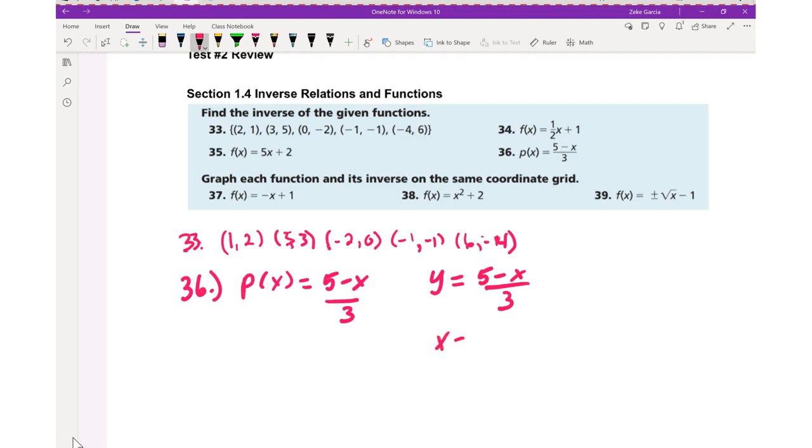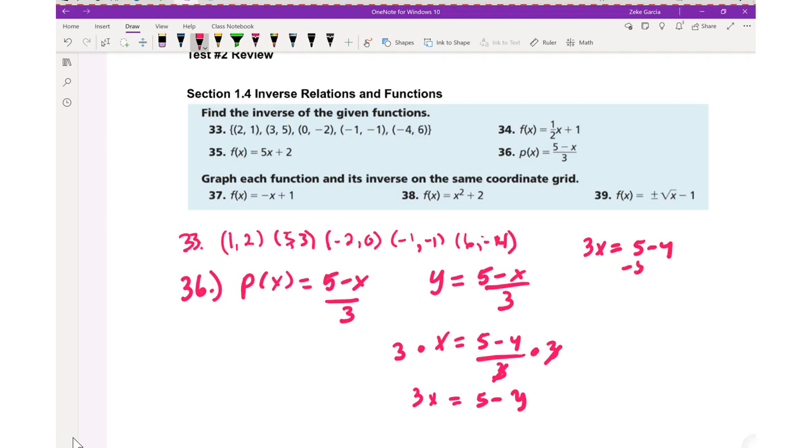So you have x equals 5 minus y divided by 3. And at this point, you're going to solve for y. So you're going to multiply by 3, multiply by 3. So we have 3x equals 5 minus y. These 3 will cancel because 3 divided by 3 is 1.